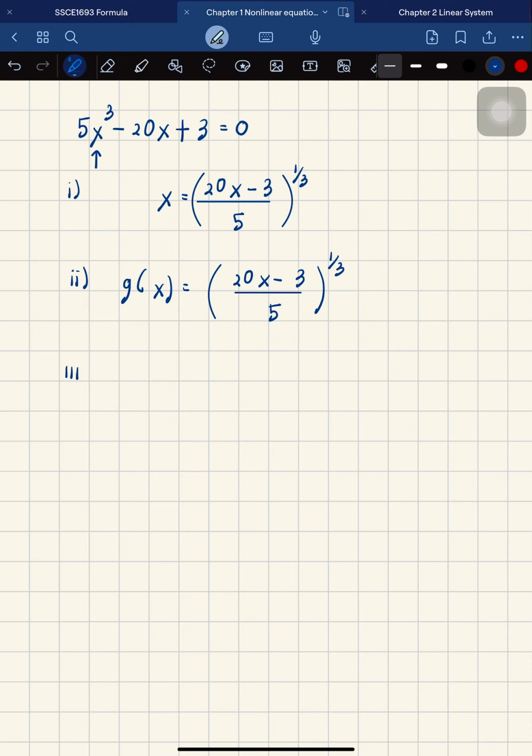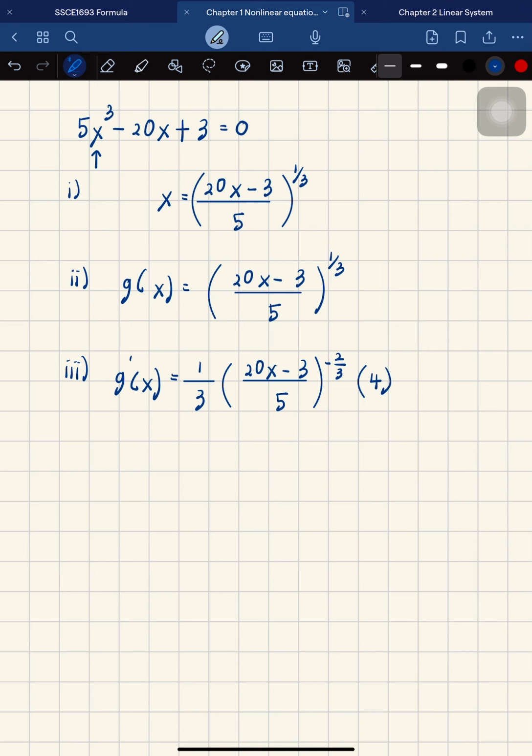The third step is you differentiate with respect to x. We get 1 over 3, times (20x minus 3 over 5) to the power of 1 over 3 minus 1, which is negative 2 over 3, and then differentiate inside, you get 20 over 5 or 4.